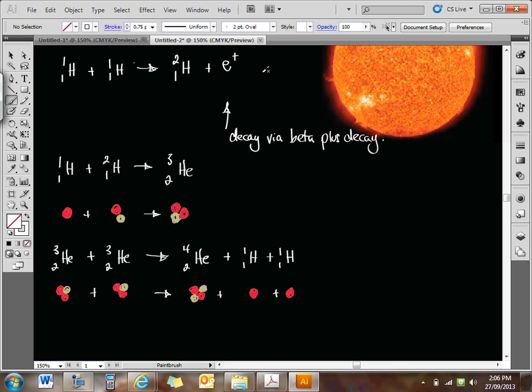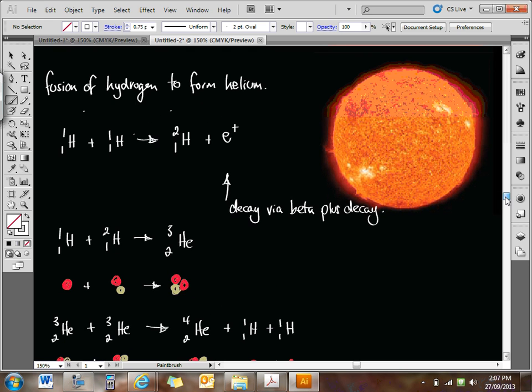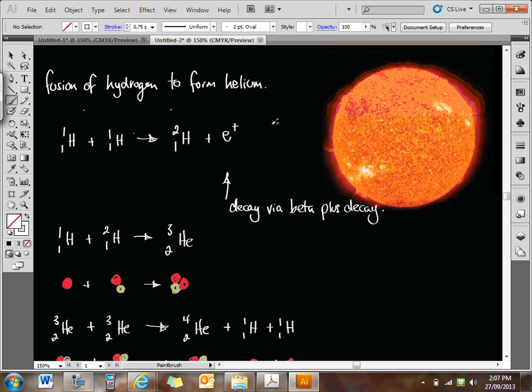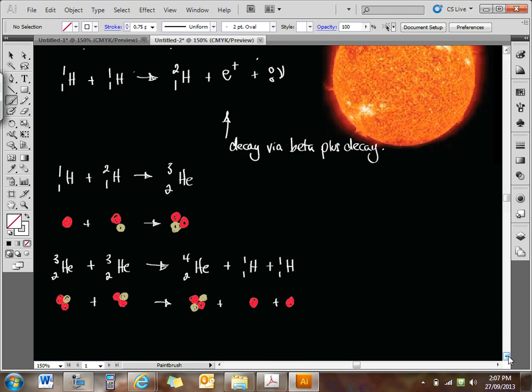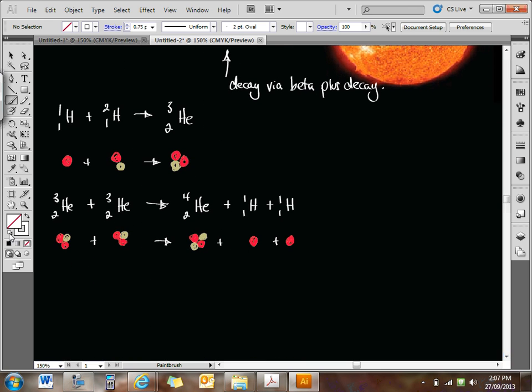Okay. Don't forget here, of course, just as a reminder for those people that are studying at the moment, of course we have the emission of this neutrino as well at the same time. Beta plus decay results in the neutrino for the conservation of momentum.